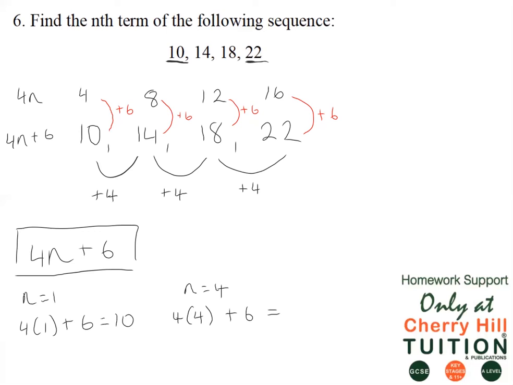So we have 16 plus 6, which is 22. So because our numbers match up, we know that our answer is correct and our nth term is 4n plus 6. Okay? So pause this video and try this question again on your own without looking at my working out to check if you get the right answer.